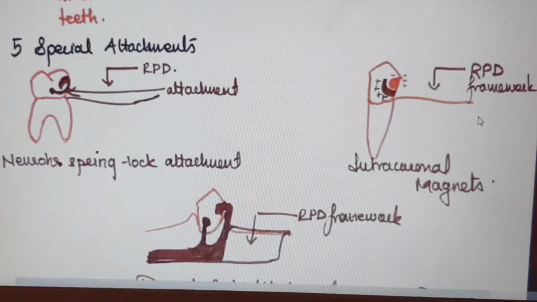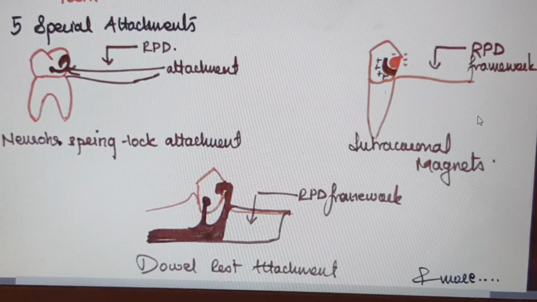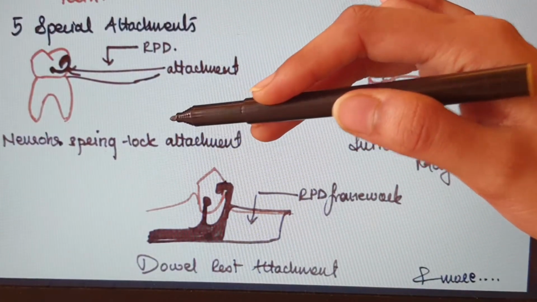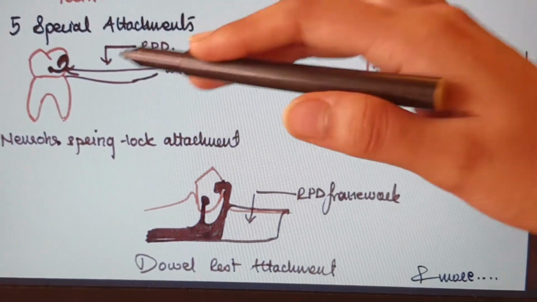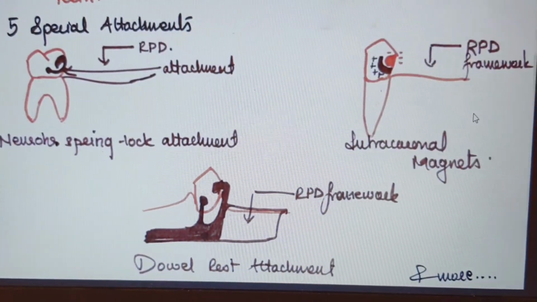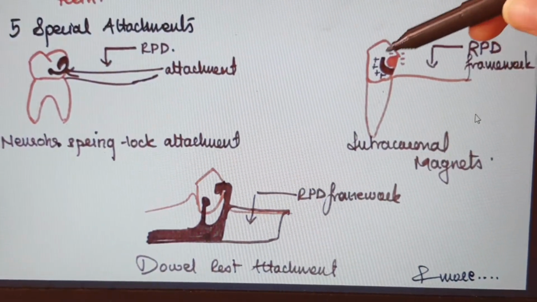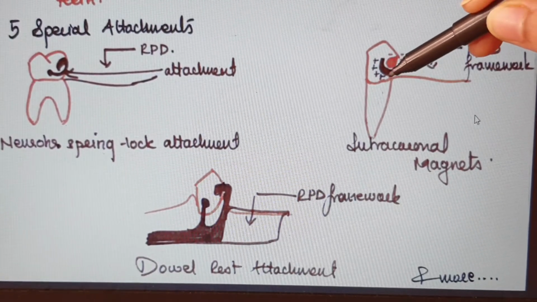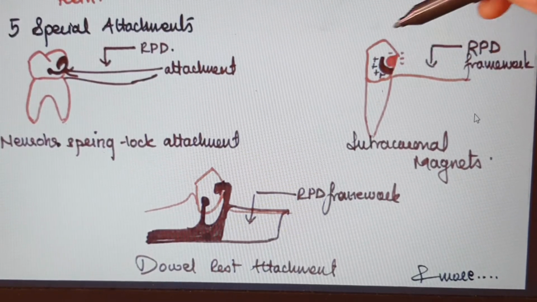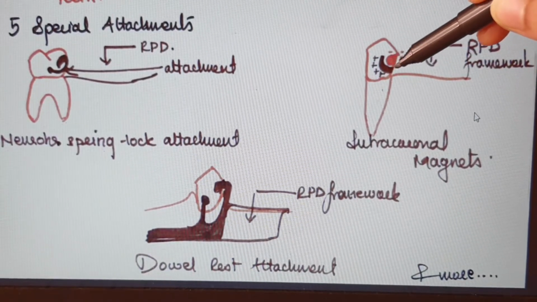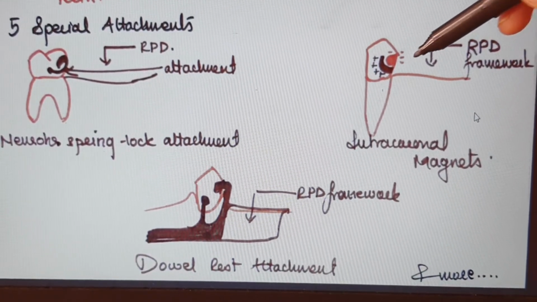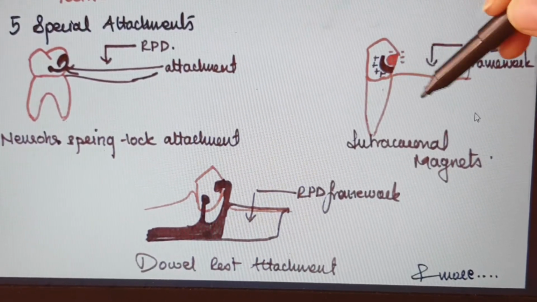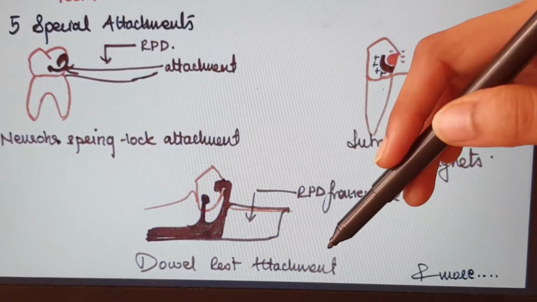So other type of intracoronal retainers which can be used are your neuro spring lock attachments. The diagram is shown over here. Then you have intracoronal magnets. So your processed denture is embedded with the positive side of your magnet, whereas the abutment has the negative side of your magnets, and as magnets attract together, the denture base is attached like that, and then the positive and negative side attract.